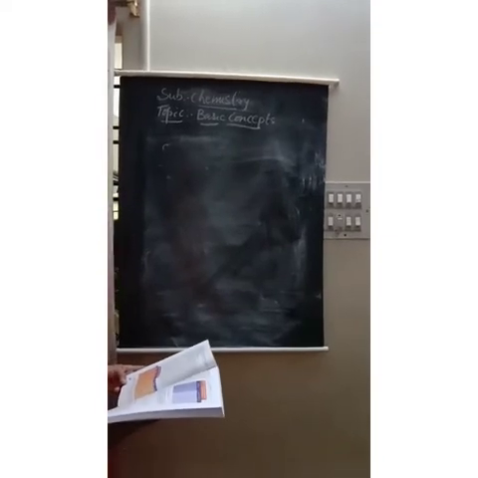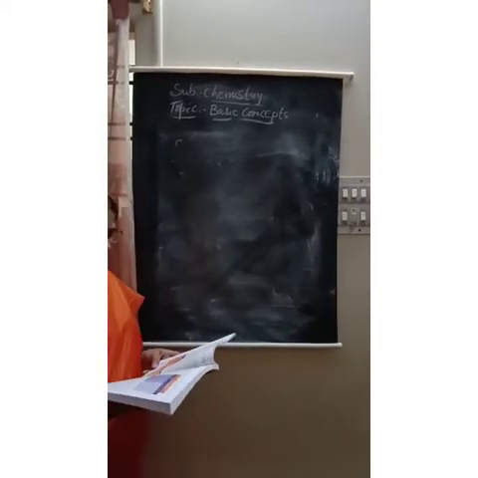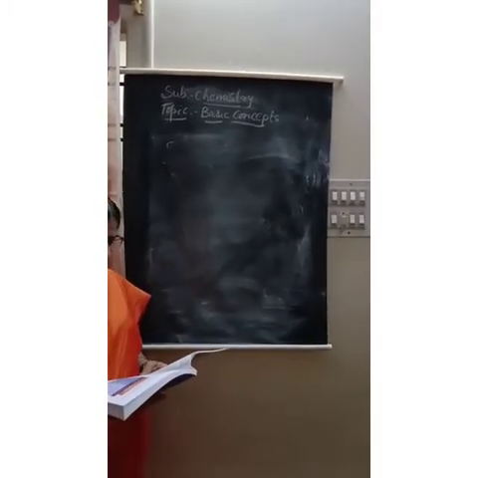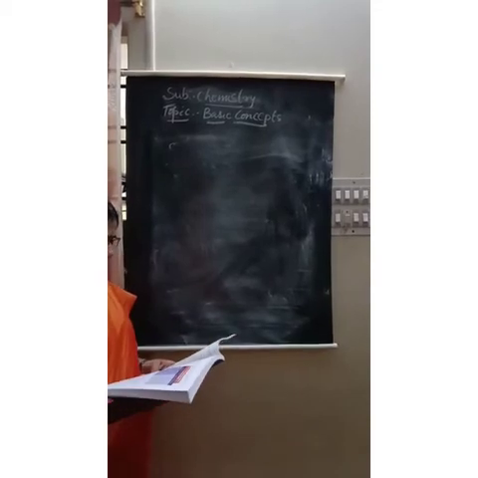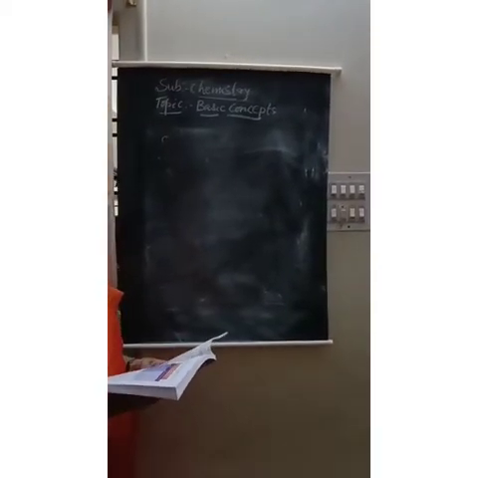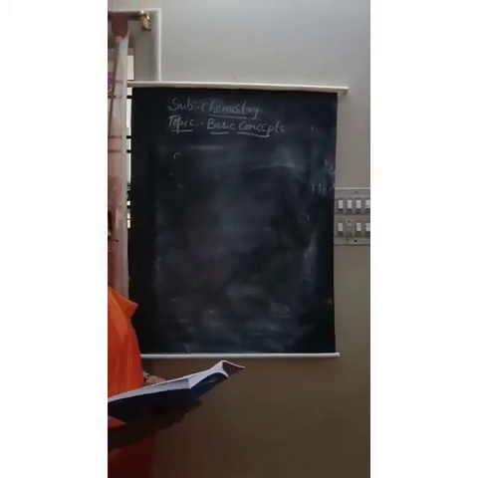Go through the textbook, 9th standard, page number 32. Symbols for some elements. Aluminium, Al, argon, Ar, barium, Ba, boron, B. Like that, they have given elements and symbols. On page number 35, they have given atomic masses of a few elements.